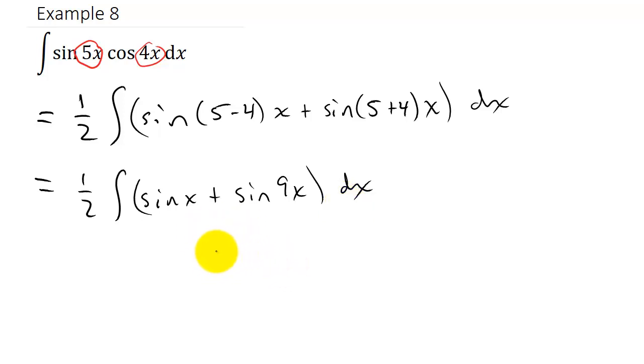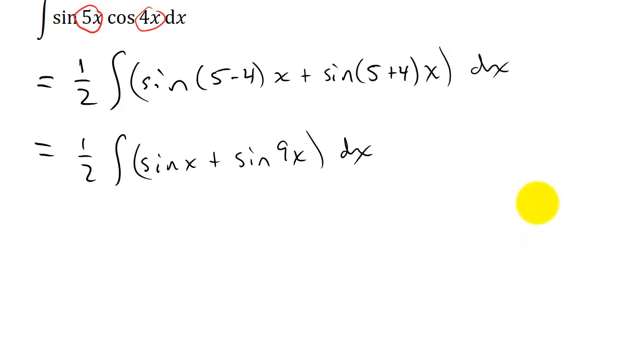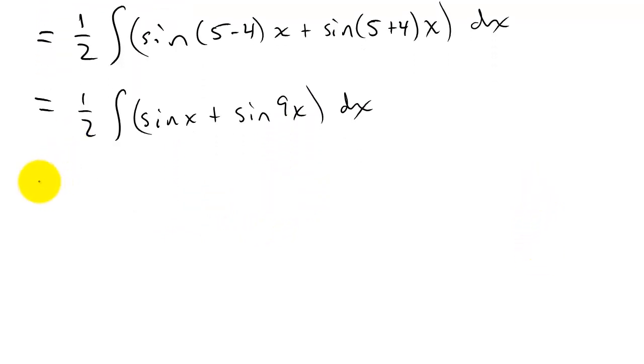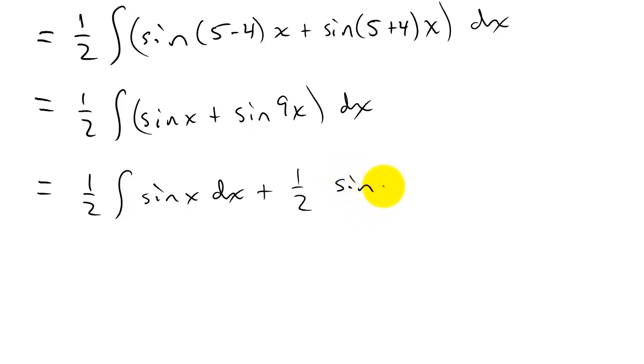I know the antiderivative of sine x is negative cosine x, and then here I can let u equal 9x and take care of that. And so what I'm going to do is split this up. So that's going to be 1/2 integral of sine x dx, plus 1/2 integral of sine 9x dx.